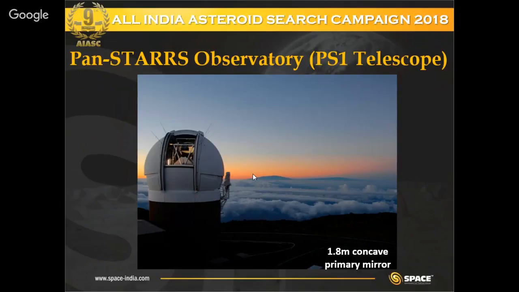So it has a wonderful camera, and apart from that, it is also what we call a panoramic rapid response system, right? What does this telescope do? It gives you a zoomed shot and also a wide angle shot. That means you can zoom into an area of the sky and also get a wide angle shot.